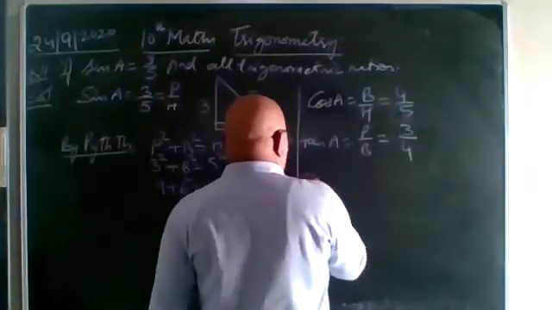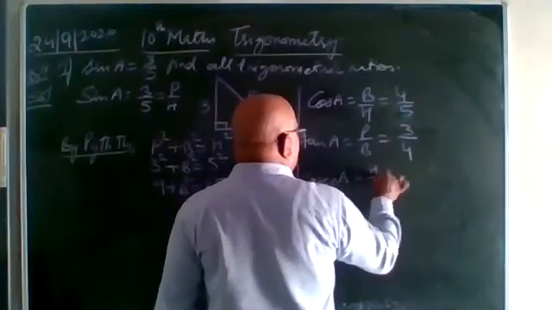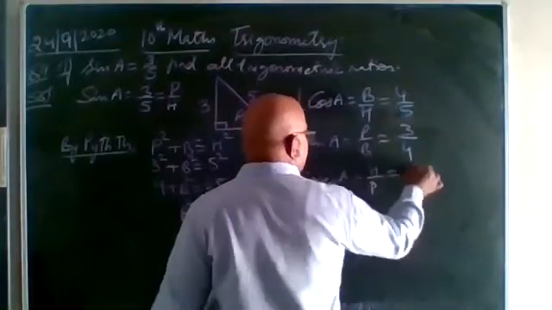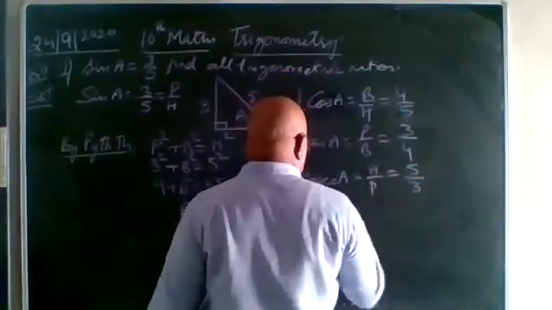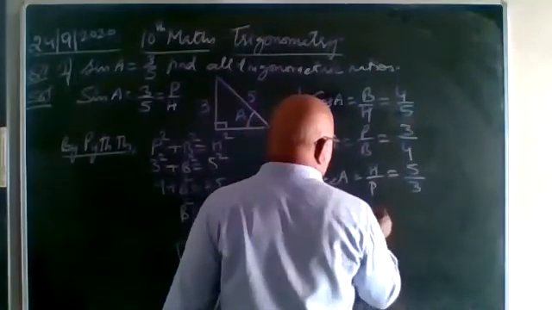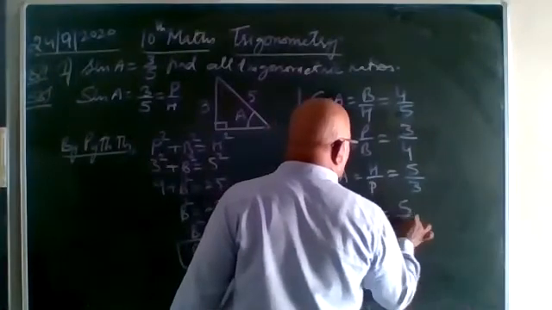After that, cosec A, that is h upon p, the reciprocal of sin, that is 5 upon 3. Sec A is h upon b, that is 5 upon 4.